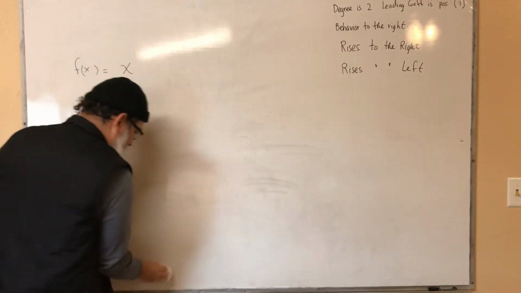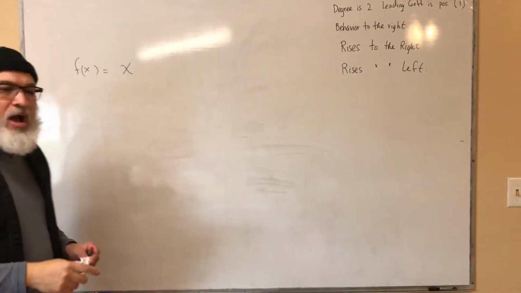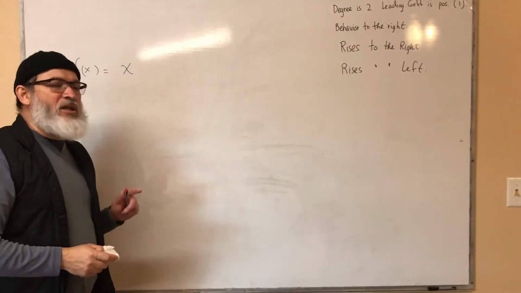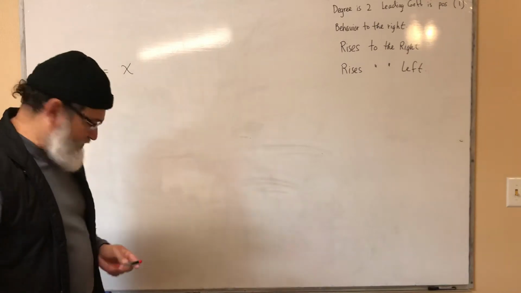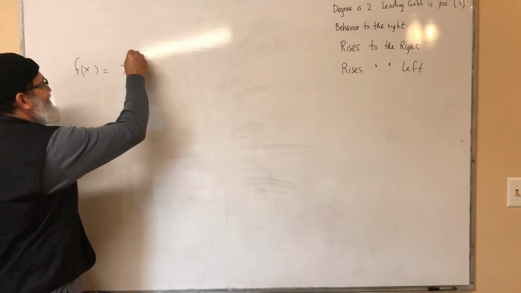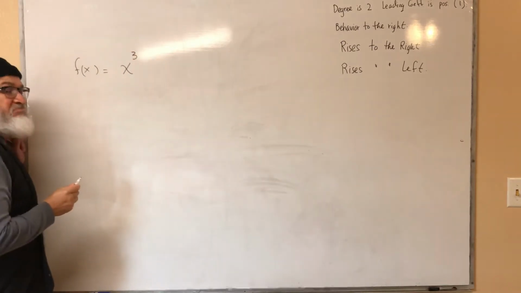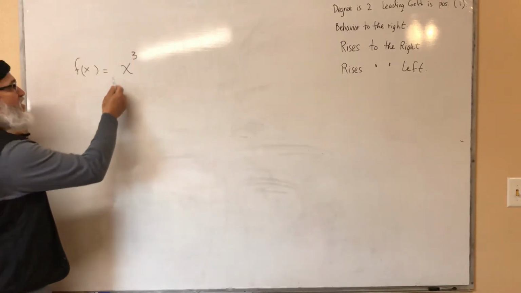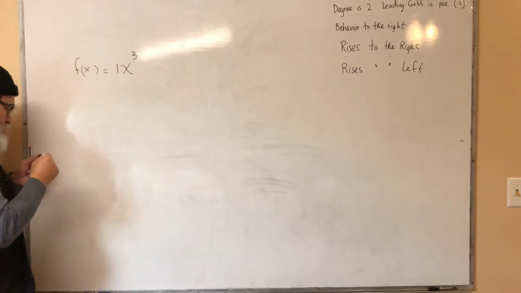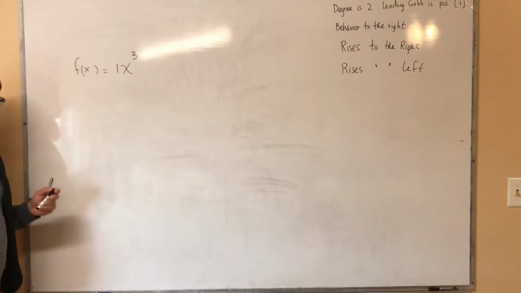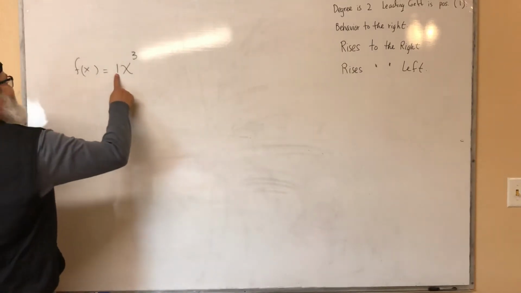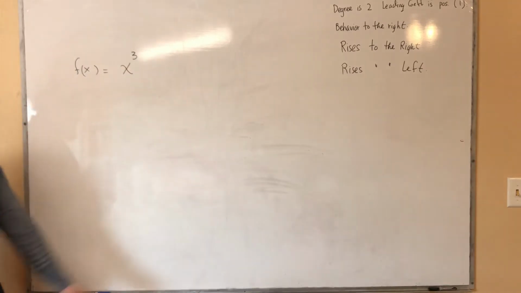Let's try degree odd, and let's keep the leading coefficient positive. That's odd. Leading coefficient positive. Let's make it a positive 1. You know that when the leading coefficient is 1, you don't have to show it.